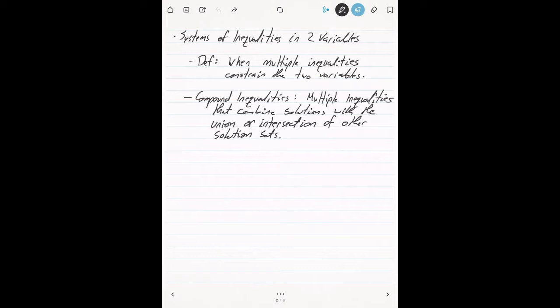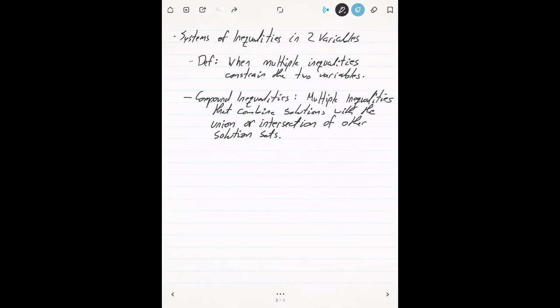Now I want us to differentiate a system of inequalities from compound inequalities. A system of inequalities and compound inequalities are pretty much the same thing, except when we refer to compound inequalities, we're more specific about how we want to form the solution set. Compound inequalities are where we have multiple inequalities, just like before, and we are restricting what the variables can be.